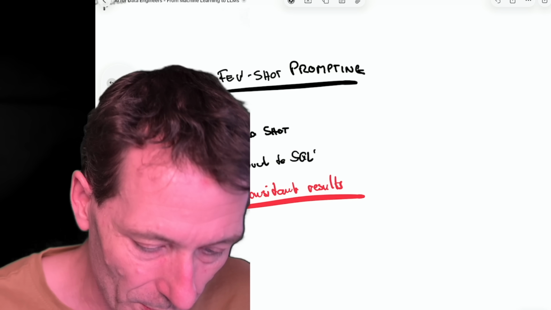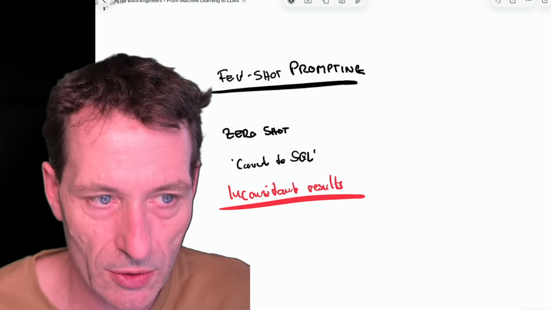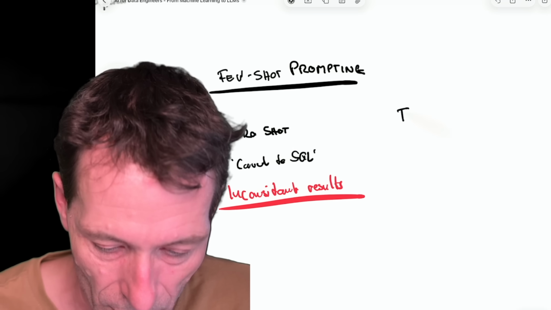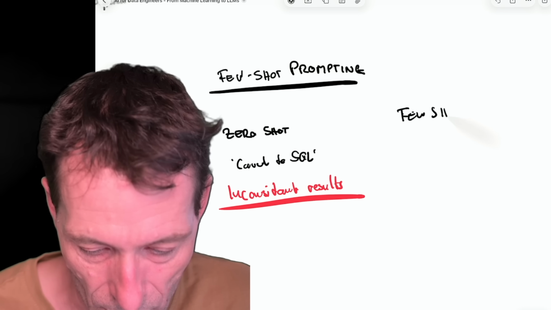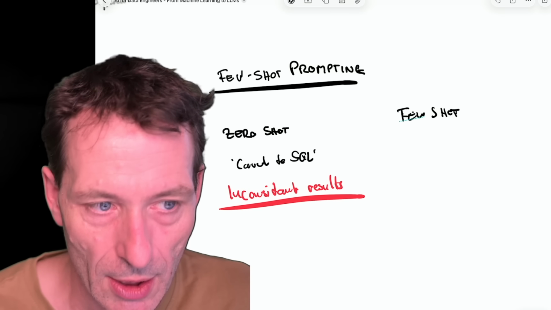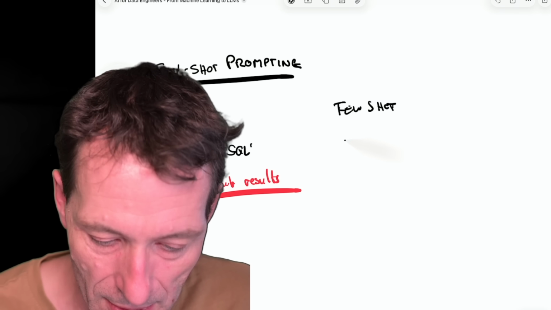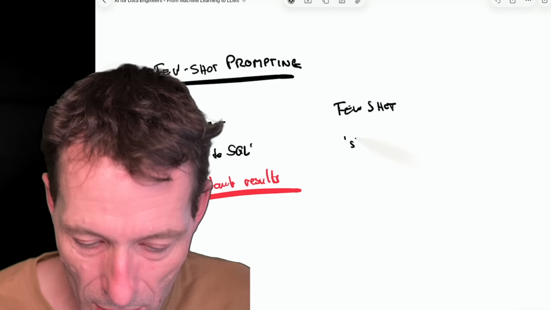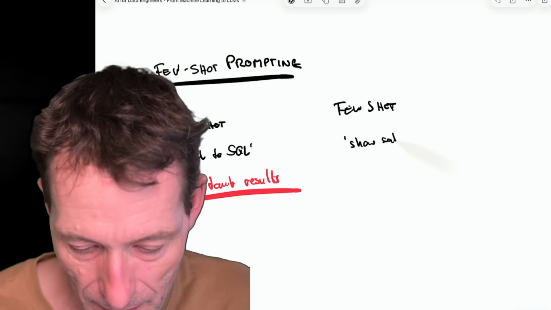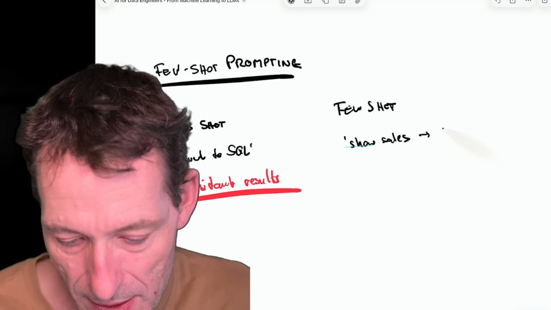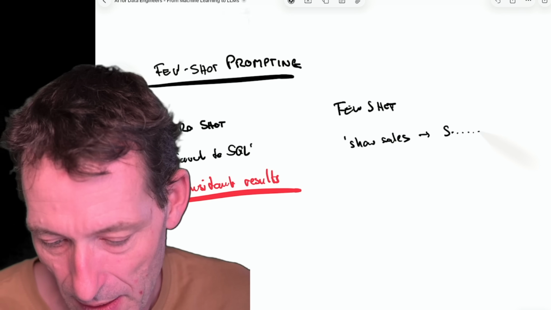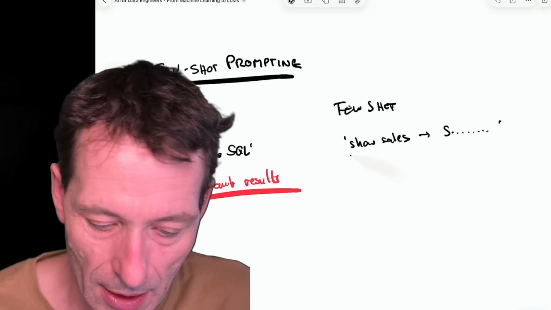The opposite, or the better version, is usually few shot prompting. Few shot means you say, when I ask you show sales, then please use this kind of SQL. Select, write it here, right?